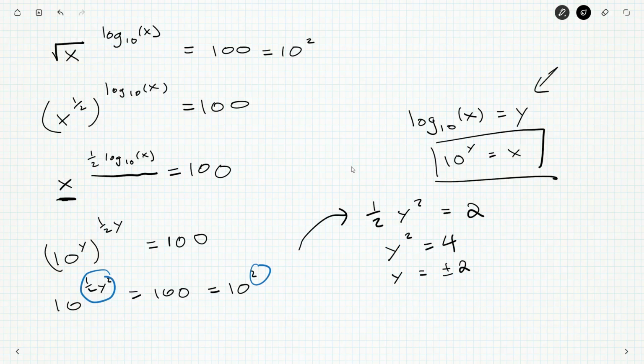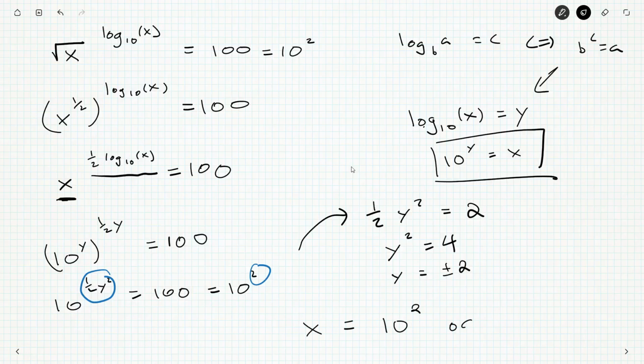See, people are scared of logarithms, but any log statement has a corresponding exponent statement that you can work with. Okay? And people find exponents to be a lot easier to work with. So if you're having trouble with that, try and convert your log statements into exponents, which is what I did. So x can be equal to either 10 to the 2 or 10 to the minus 2.